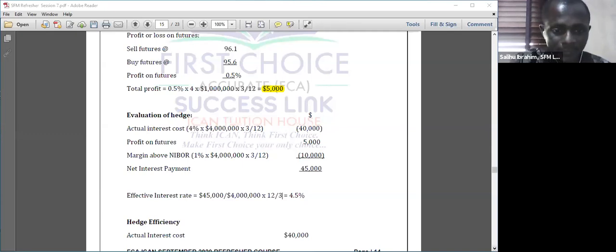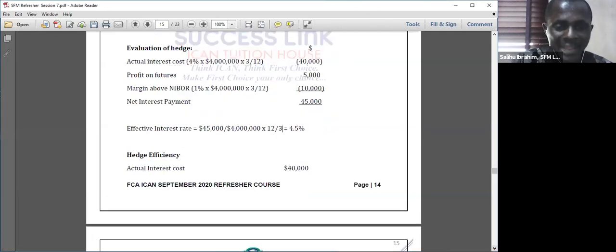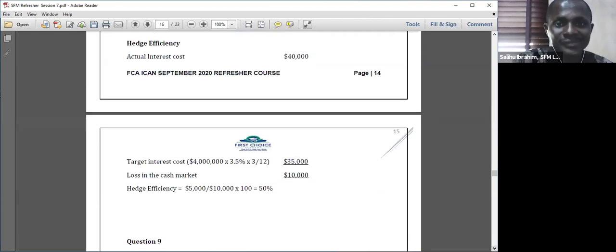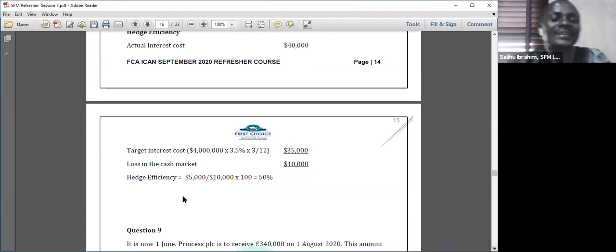Let's go and take question 9. Okay, hedge efficiency. Hedge efficiency is computed as a profit over loss. Now, when we are dealing with futures, we can identify two types of market: the futures market and the cash market.